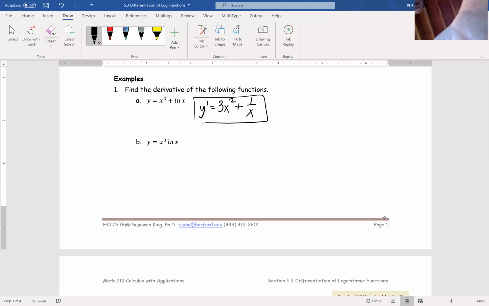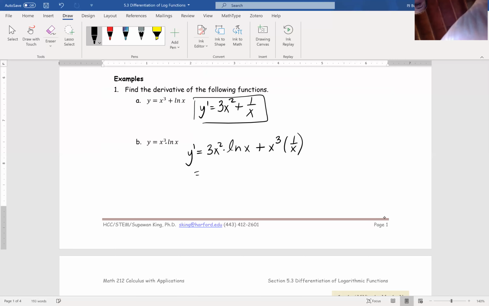The next one then makes it a product. These two things are multiplied. So y prime equals, again, derivative of x cubed is 3x squared. But now I'm going to leave the natural log alone. And then add to that, leave the x cubed alone, and the derivative of natural log is 1 over x.